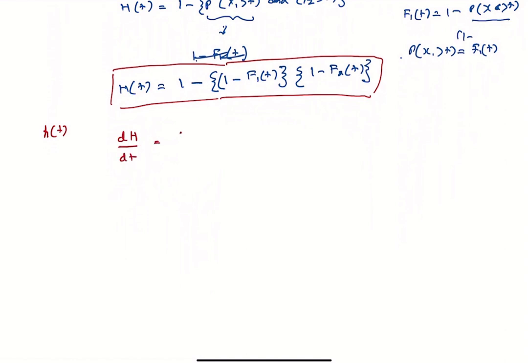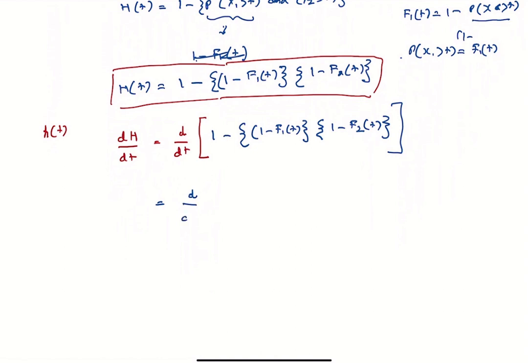So you differentiate this whole thing, d over dt of 1 minus, and the derivative of 1 is 0, so that goes away and you are left with a negative sign, d over dt of 1 minus f1 of t and 1 minus f2 of t.